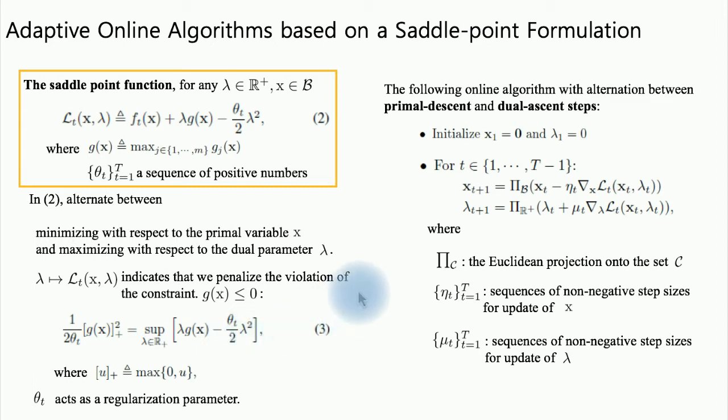In the sequel, we use primal descent to minimize over the primal variable x, and we use a dual ascent step to maximize over the dual parameter lambda, where pi C stands for Euclidean projection onto the convex set C, while the sets eta t and mu t are sequences of non-negative step sizes that respectively drive the updates of x and lambda.